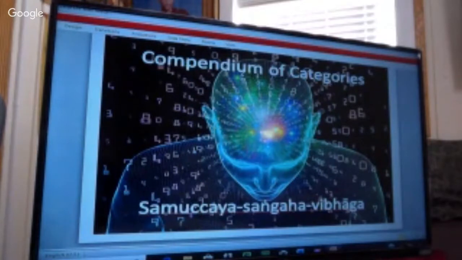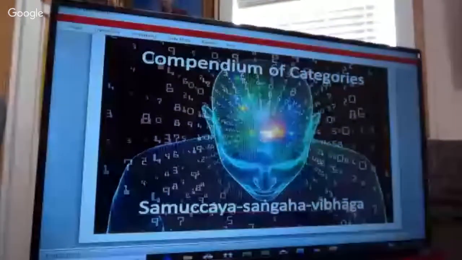In this chapter 7, Samuccaya means category, so different categories make a name, a group. In English they translate it as compendium of the category.